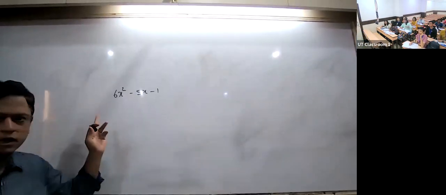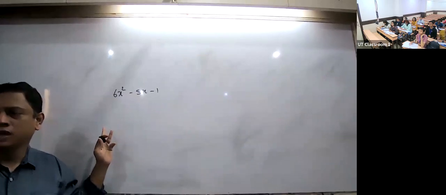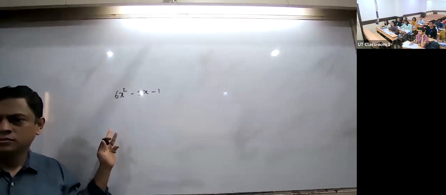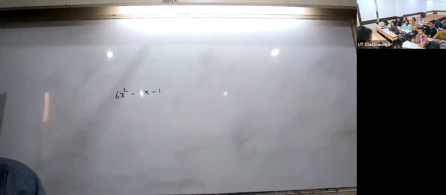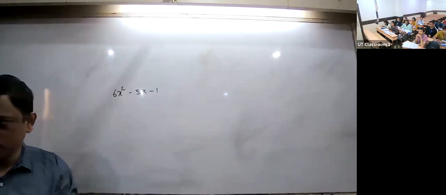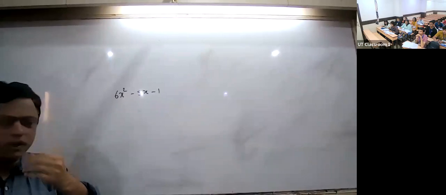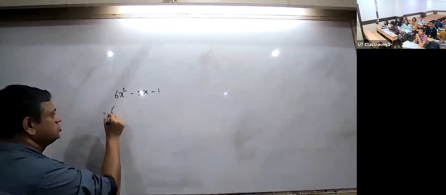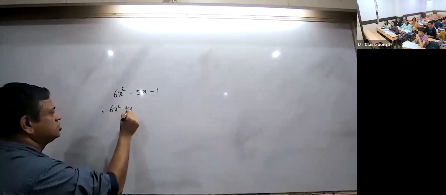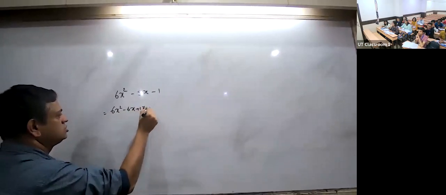So what is the product here? Minus 6. Sum minus 5. So you have to find two factors and add or subtract. Product is minus means subtract. That is why 6 minus 1 is 5. So minus 6 plus 1: 6x square minus 6x plus 1x minus 1.